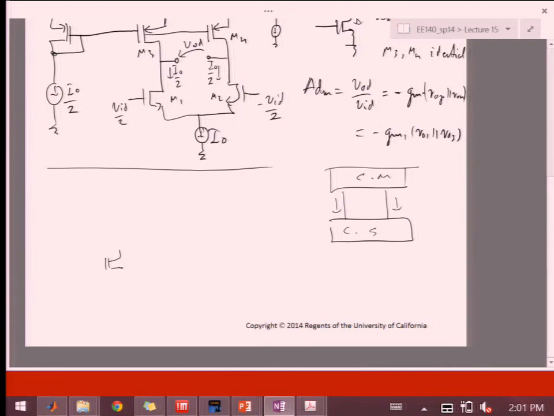What you'll have is your diff pair, and then over here we want to mirror the current from one side to another. Right?